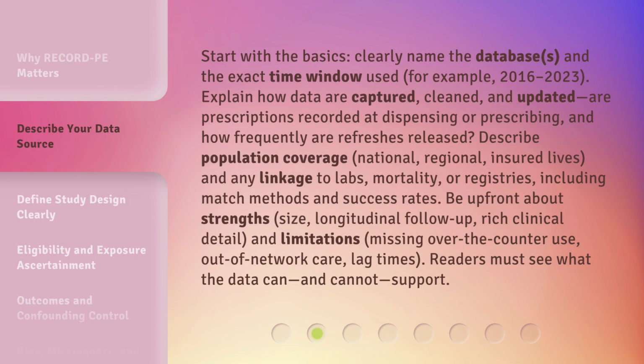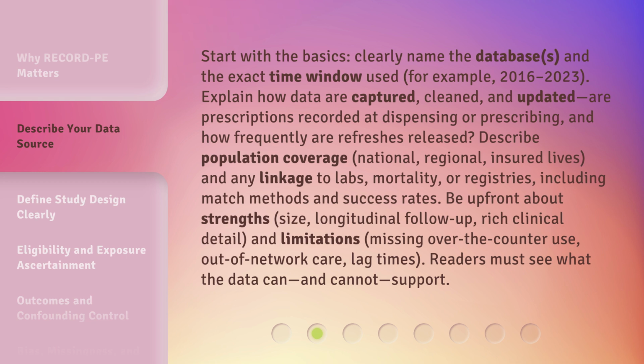Start with the basics. Clearly name the databases and the exact time window used, for example, 2016 to 2023. Explain how data are captured, cleaned, and updated. Are prescriptions recorded at dispensing or prescribing, and how frequently are refreshes released?